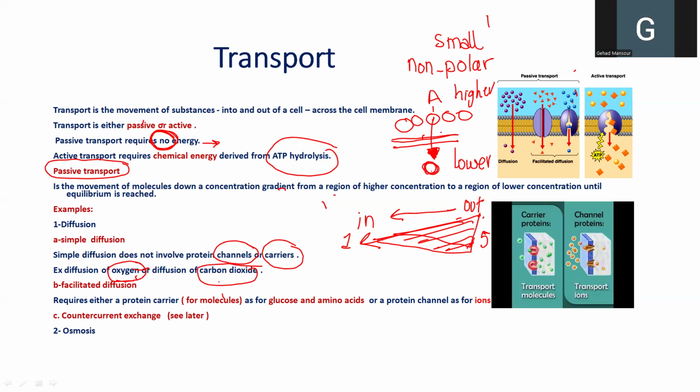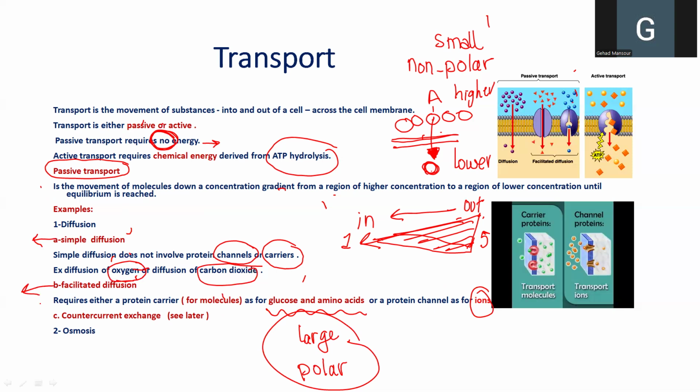But sometimes when the molecule is large and polar, or the particle is an ion, as we have explained before, we require a carrier or a channel. In the case of large polar molecules like glucose and amino acids, we need protein carriers. And in the case of ions, we need channels. If you use a carrier or a channel, then this process is no longer called simple diffusion, but facilitated diffusion.